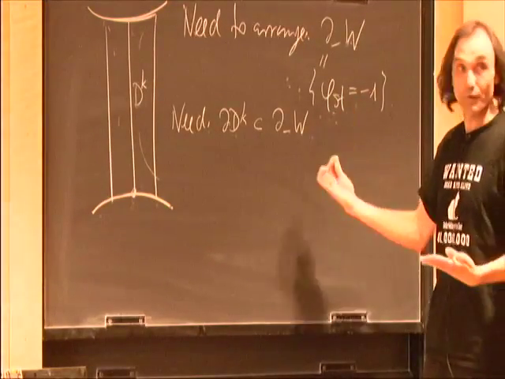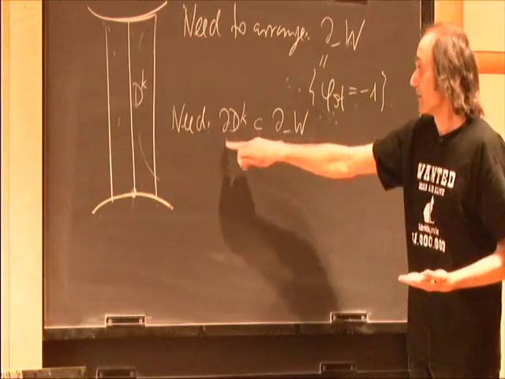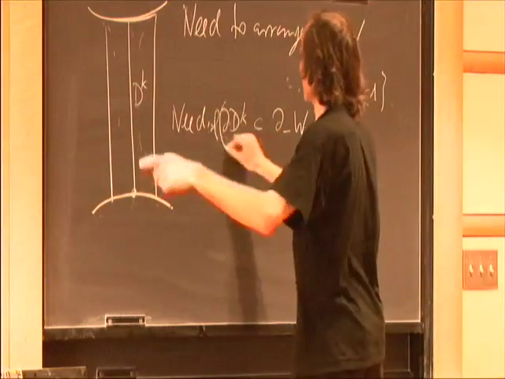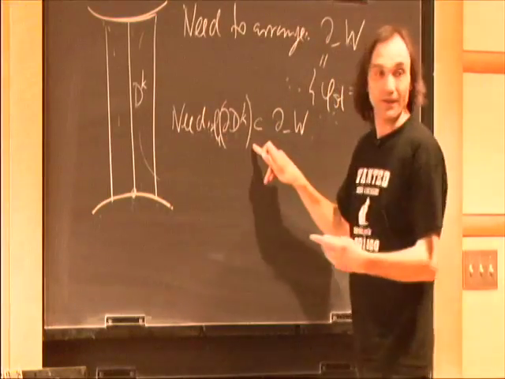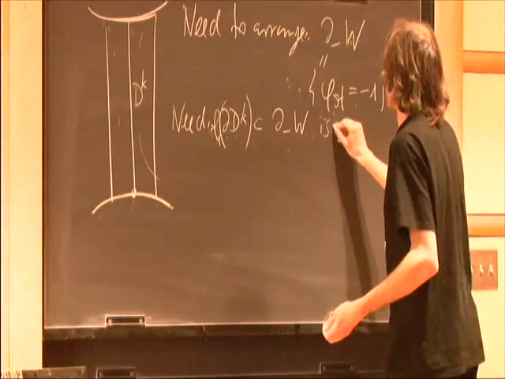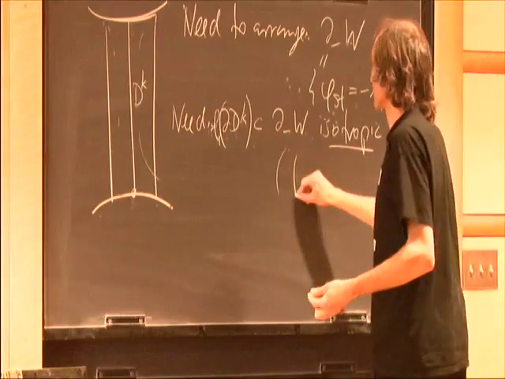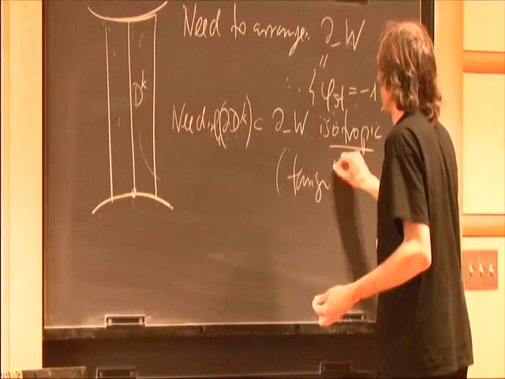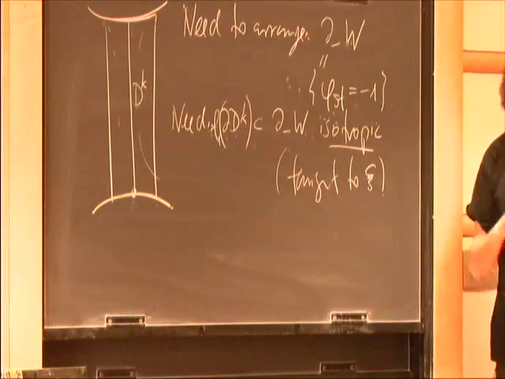Okay? So if you want to have any chance of matching it with this model, then, going back to the other notation, f or f1 of this boundary here must be isotropic. Isotropic meaning tangent to psi, tangent to the contact distribution.